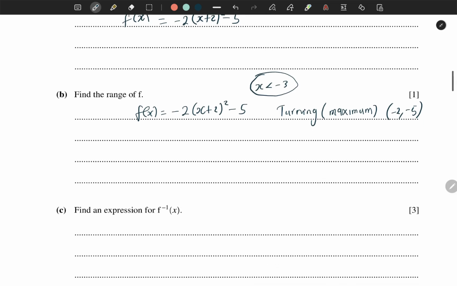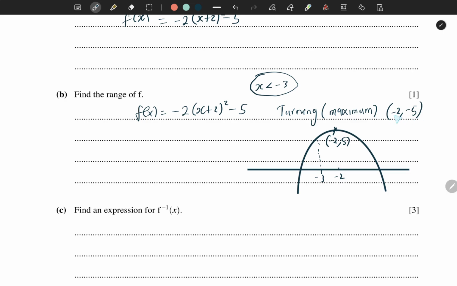So this is exactly what we are saying. Let me represent this in graphical form. The parabola looks like this. It's going to look like this. This particular point here is (minus 2, minus 5), and we're talking about x less than minus 3. So let's say this is a real line. For you to have minus 2 here, minus 3 must be around this place, and you can see this is going to be outside. Minus 2 is outside the domain. So what are you going to do now?